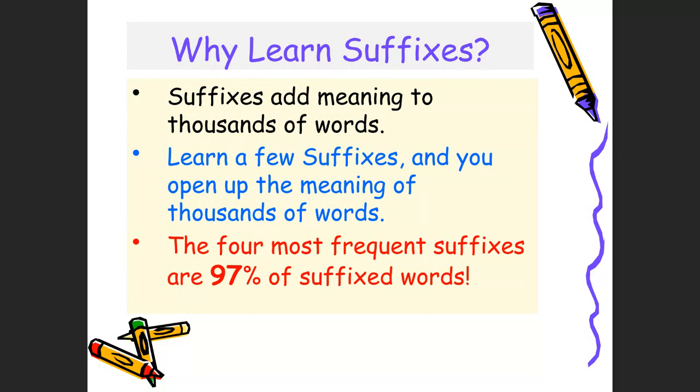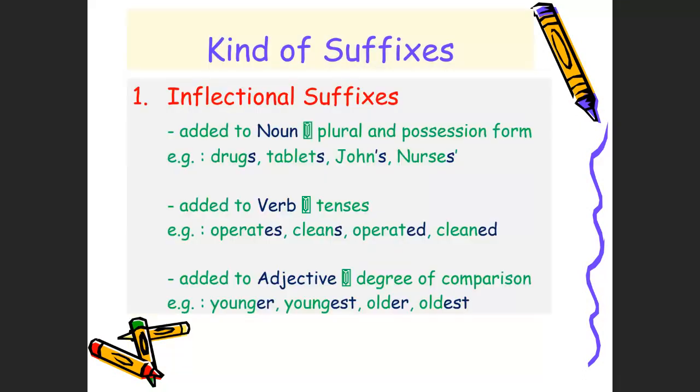Ahora, tenemos ciertos tipos de suffixes. For example, inflectional suffixes. Kinds of suffixes. Los inflectionals quiere decir que are added to a noun, que se adhieren a los sustantivos. Dice plural and possession forms. For example, the s, hacen el caso genitivo, para las posesiones o los plurales.